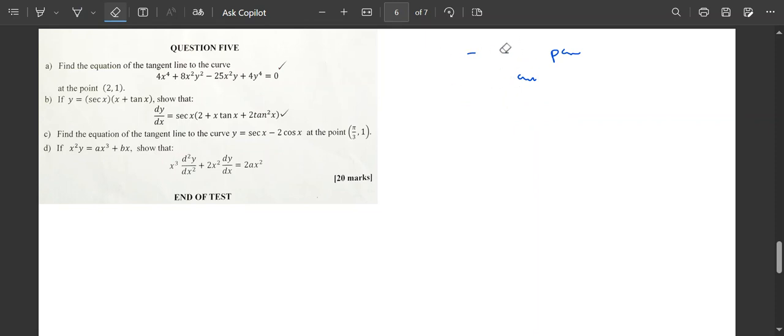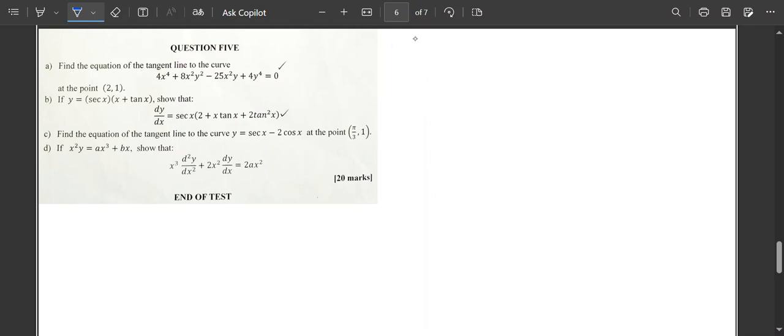For this case, the gradient will be the same, since they are saying find the equation of the tangent to the curve. Meaning the gradient will not be changed the way it was supposed to be. So now what you're going to do, find the equation.